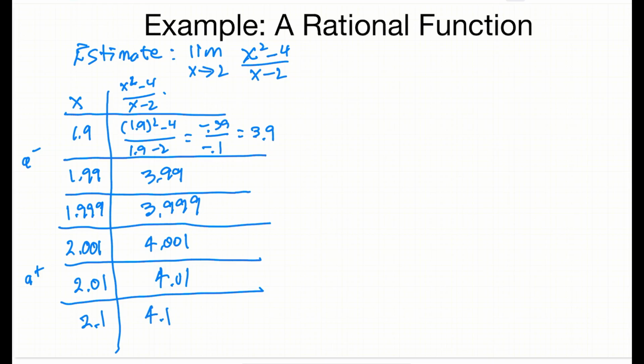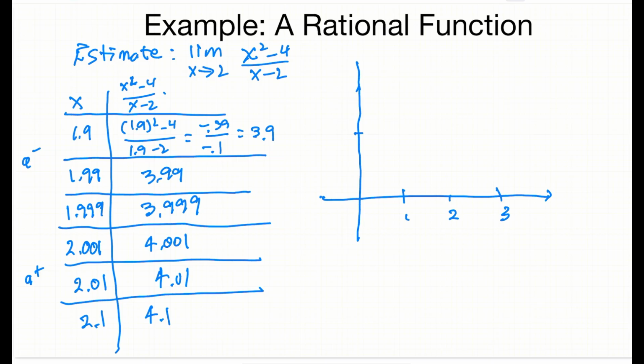So let's plot this on a graph and see if we can make sense of this. We're just going to plot right around this point of interest, and that's going to be 2. So there's going to be 1 and 3. It looks like all of our numbers are right around 4.